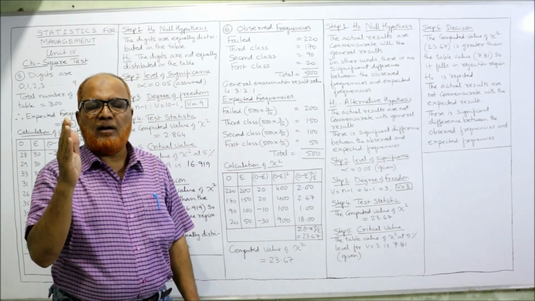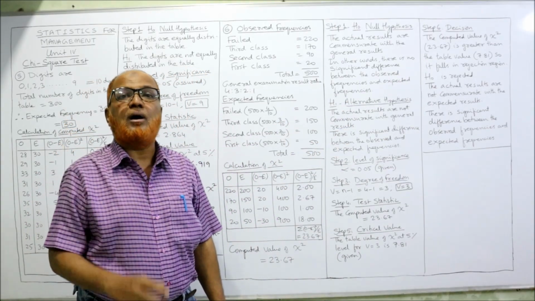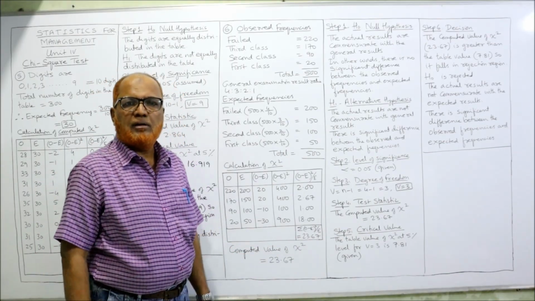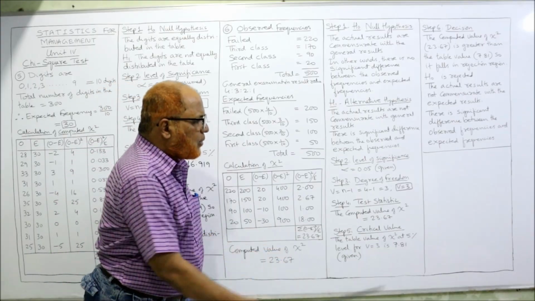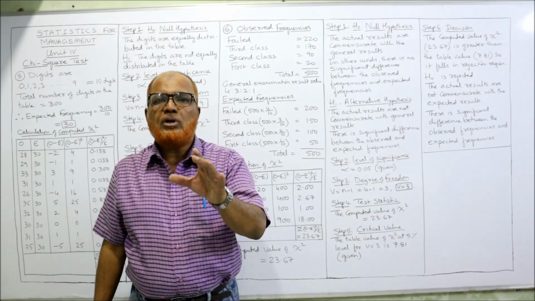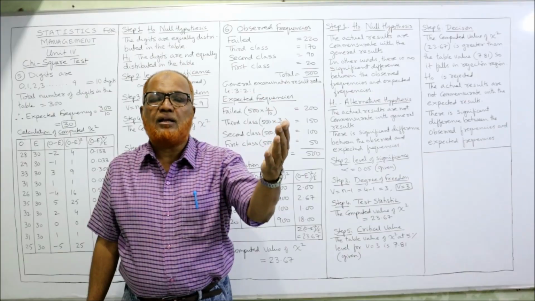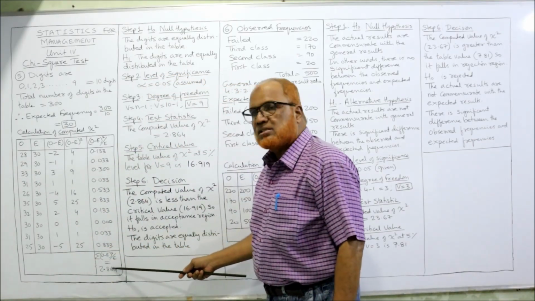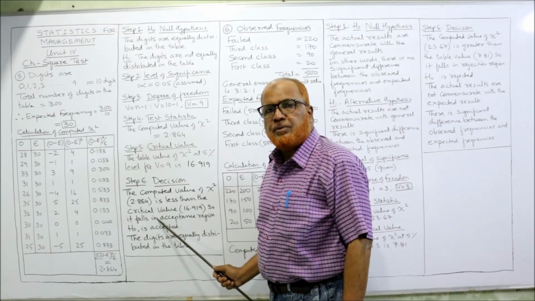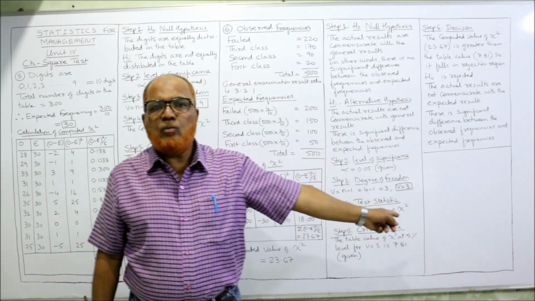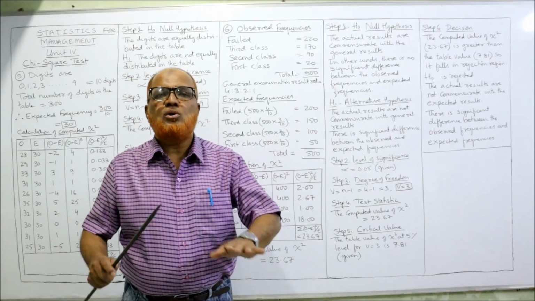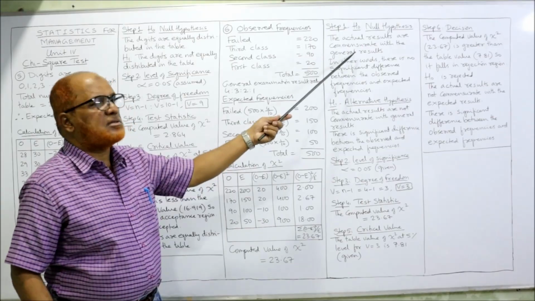Compare the critical value with the computed value. The computed value is 23.67 and the critical value is 7.81. So the computed value is greater than the critical value. In the previous problem the computed value was less, so it fell in the acceptance region. Now the computed value is more, so it falls in the rejection region. So we reject the null hypothesis.